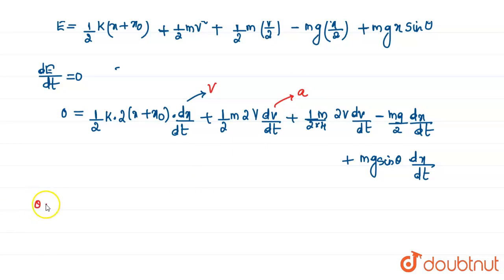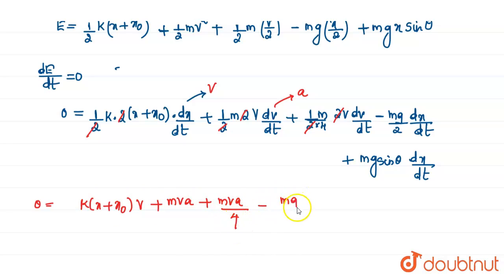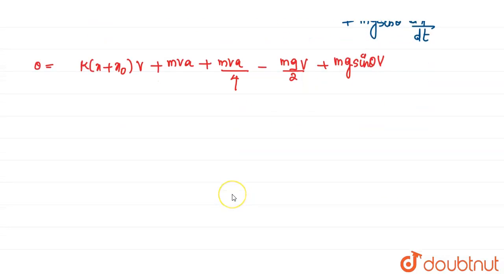So this equation becomes 0 is equal to, we can cancel 2 here, 2 and 2 get cancelled, and we get k into (x plus x0) into v plus mva plus mva divided by 4 minus mg by 2 into v plus mg sine theta into v. So the equation can be reduced into this form. Then we can open the bracket.